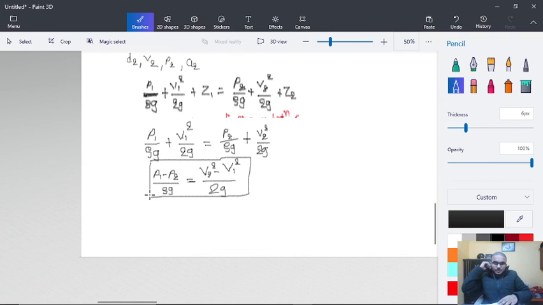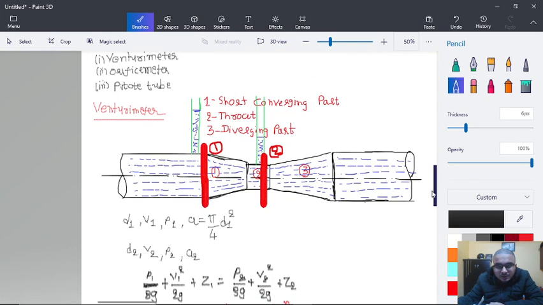So this is the equation we are having here. So this value P1 minus P2 upon rho g is nothing but the difference of height between the manometers. Let's say that this difference is h.